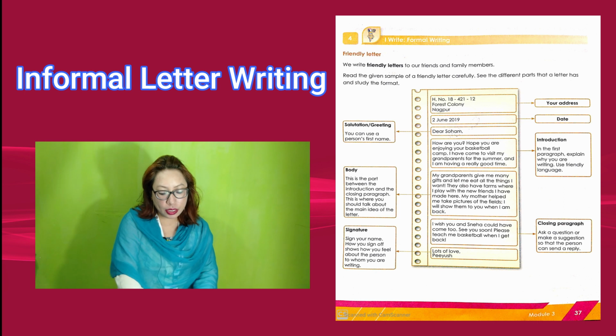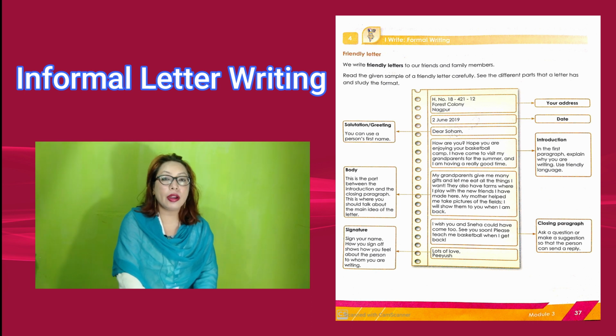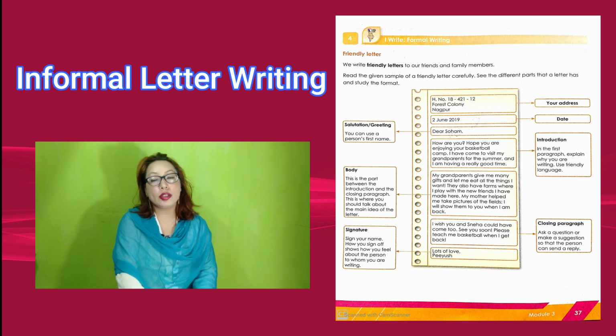So this is the closing paragraph, and at last the signature or the name of the person who has written the letter. So you can sign out with your name. Okay, and also you can write something to the person whom you have written the letter, like with love or lots of love.